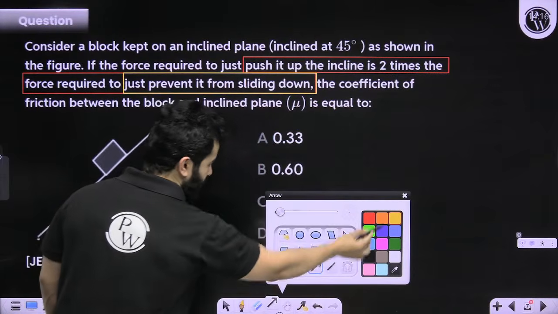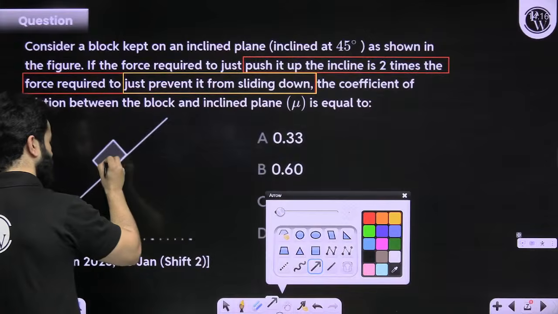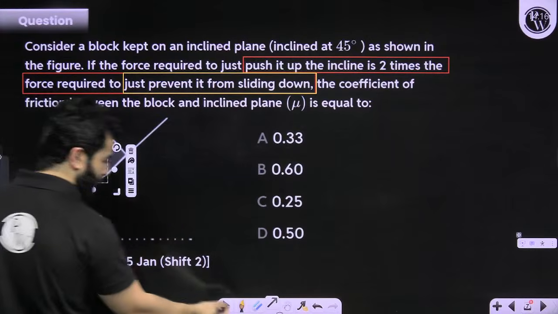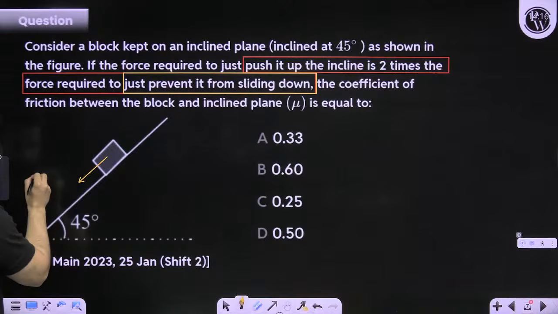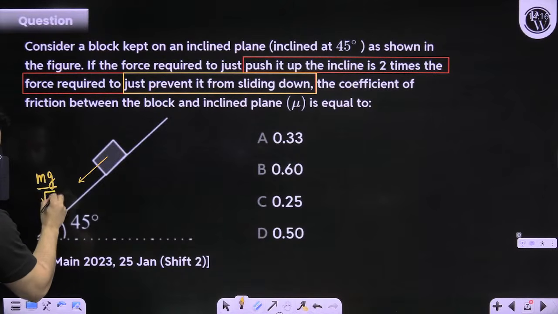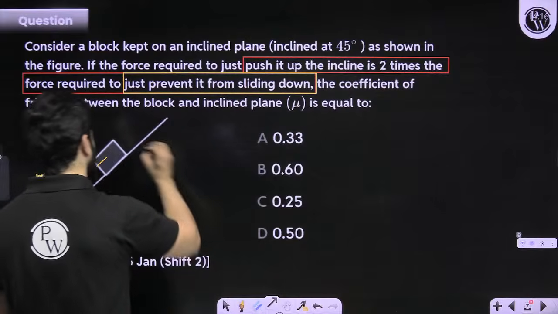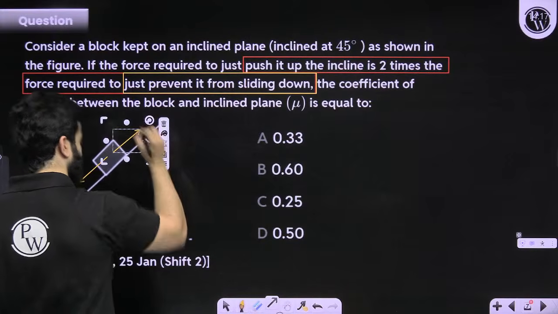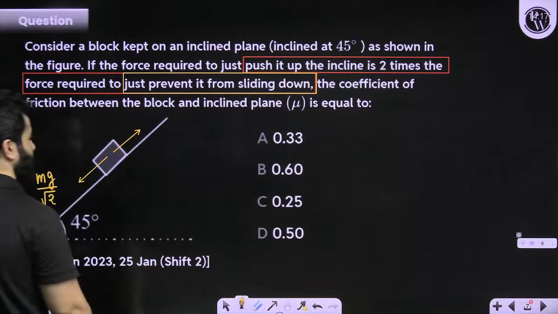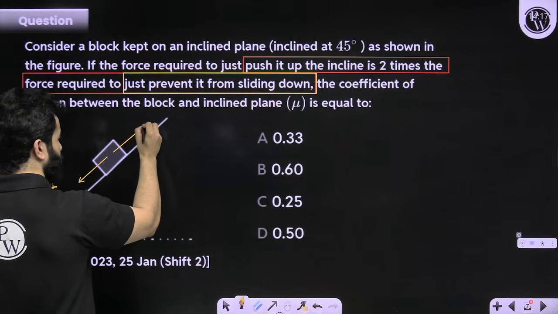Clear? So that means you have got mg sine 45 acting downwards. That means, my dear friends, mg by root 2, and then you have got a minimum force should act in this direction, and by the way, you have got also friction force.